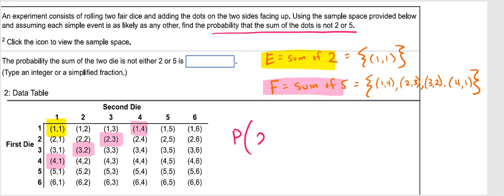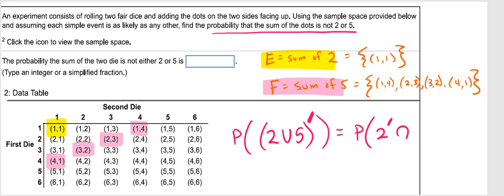So the probability that it's not 2 and it's not a 5, even though it says or, it's not 2 or 5. So really it's asking for 2 or 5 not, which is the same thing as not 2 and not 5. I know we didn't do any logic in this class, but that's what happens when you, for lack of better words, distribute a complement over a union.